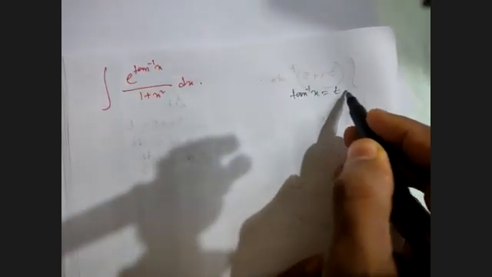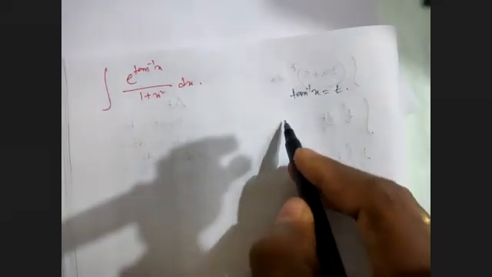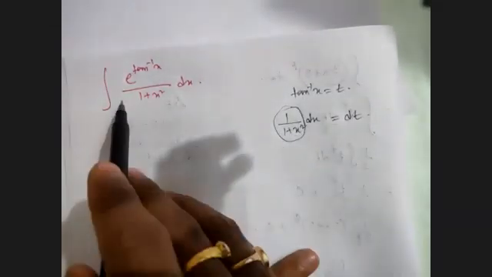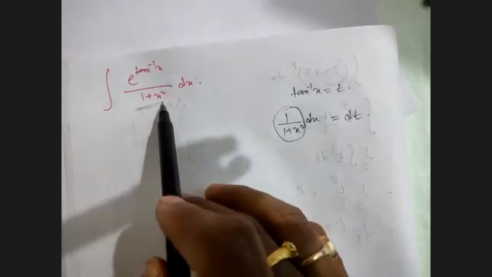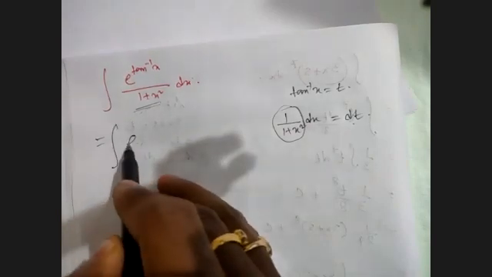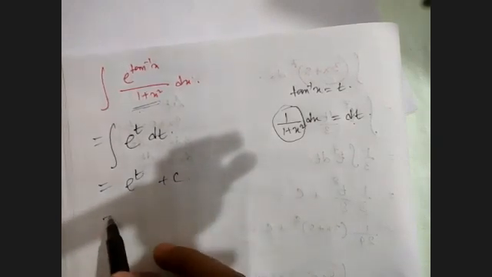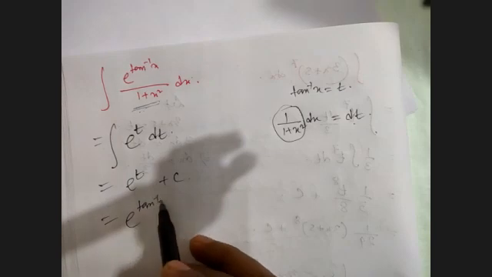See here, if we take tan inverse x equals t, then d/dx of tan inverse x is 1 by 1 plus x square, so dx by 1 plus x square equals dt. Now check, this 1 by 1 plus x square is present in the given function. So in place of dx by 1 plus x square, you can easily put dt. That means this will become e to the power t dt, which equals e to the power t plus c, equals e to the power tan inverse x plus c.